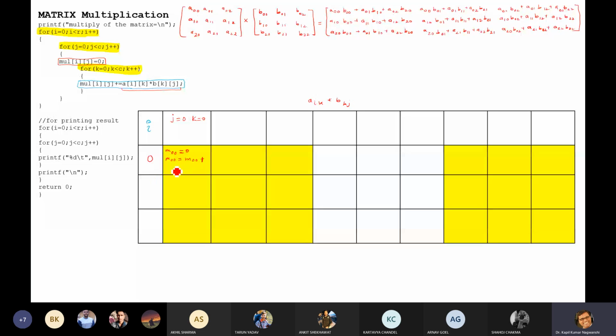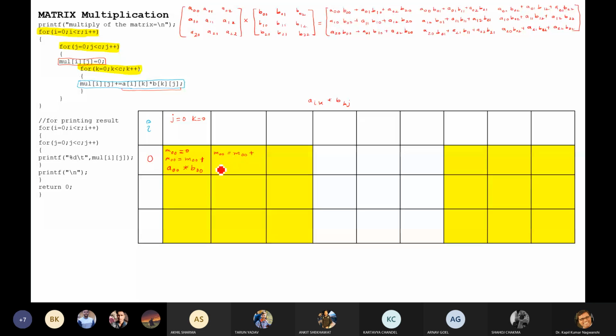So what is the value of Aik? i is 0, k is also 0, multiplied by Bkj. What is the value of kj? k is 0 and j is also 0. Now we need to add. Now the next term will be coming. Now the next term is m00 equals to m00 plus.